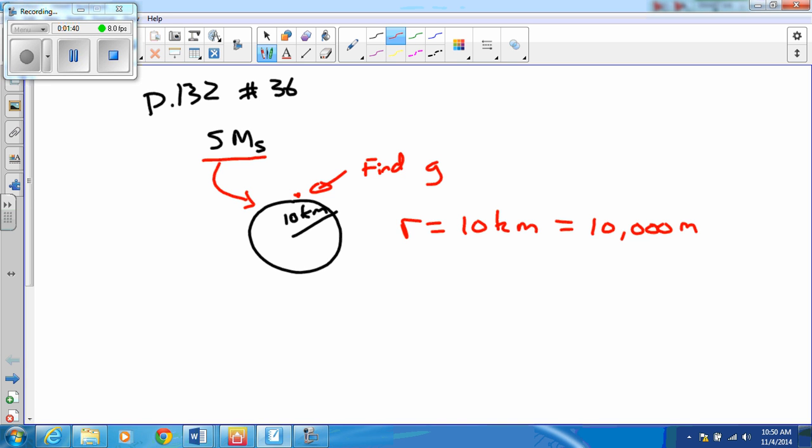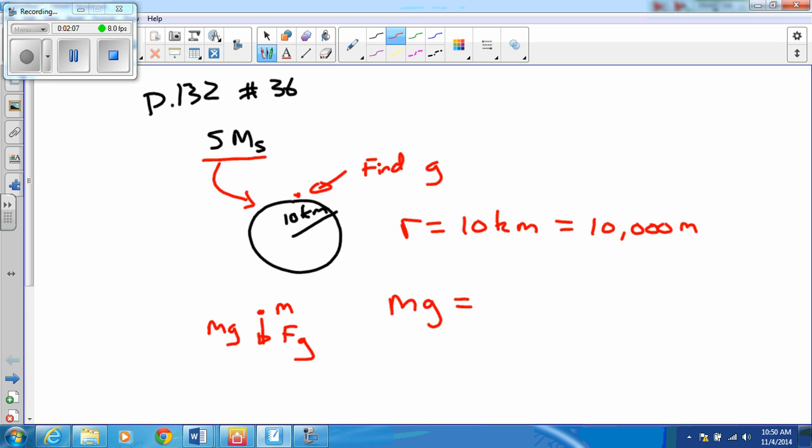Now, here's the idea. If I take this object that's at the top of the sphere in red, and it has a mass of m, then the one force that's pulling down on it is going to be the force of gravity. And if I write that force of gravity as mg, where g is not 9.8 meters per second squared, but is whatever g is on this star, then these two forces obviously have to be equal.